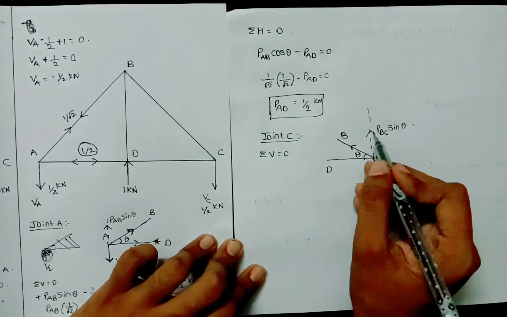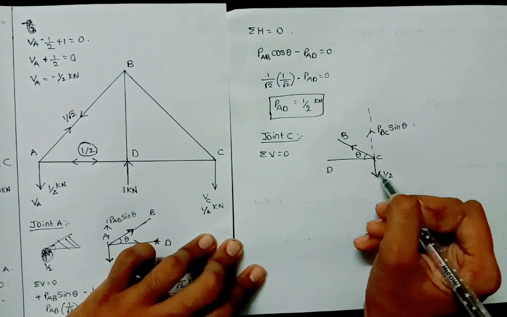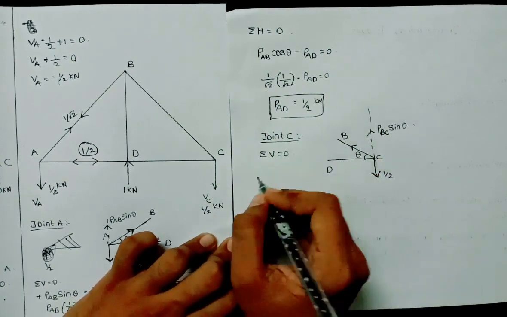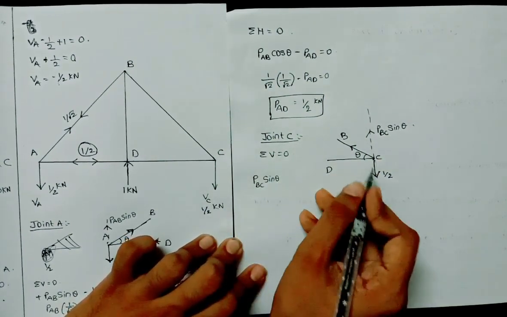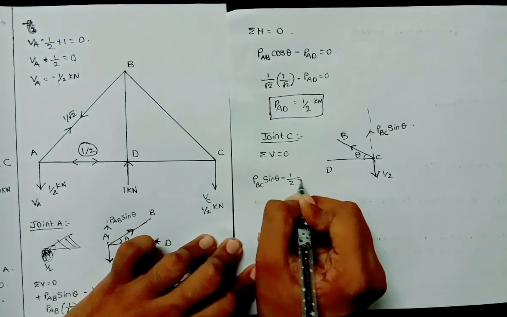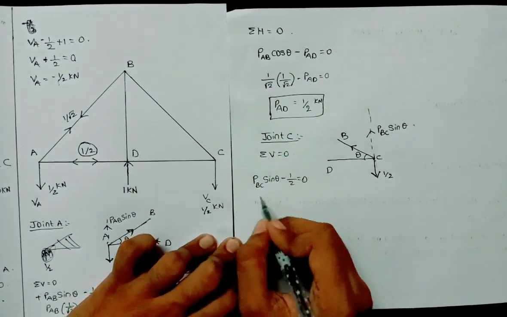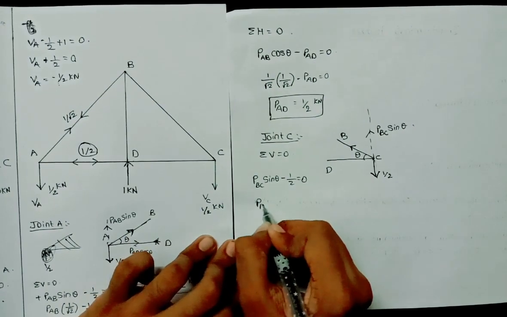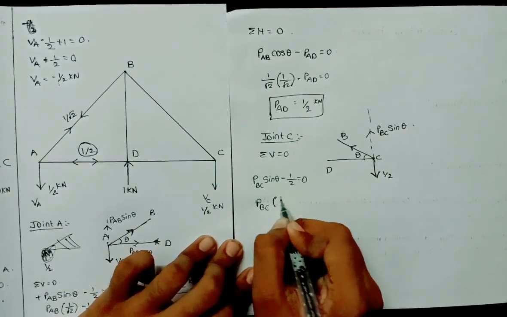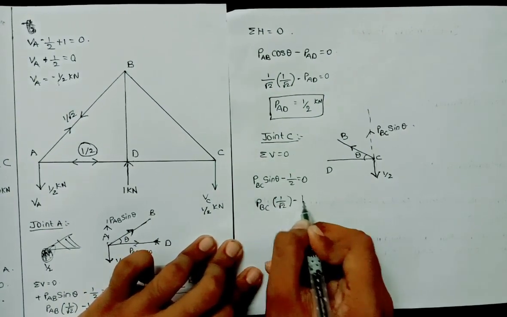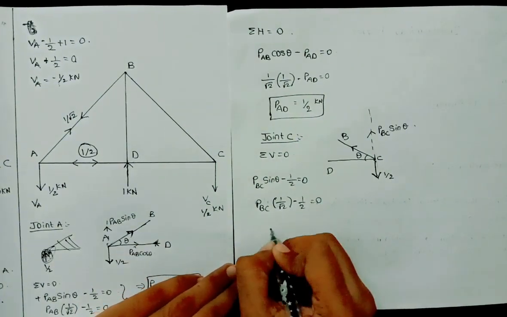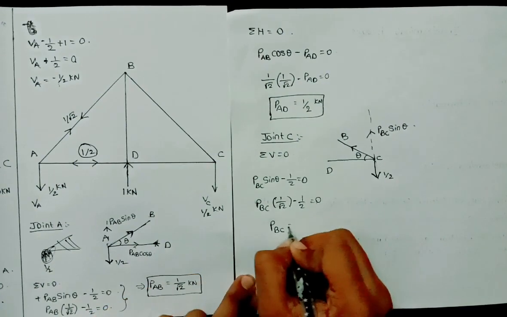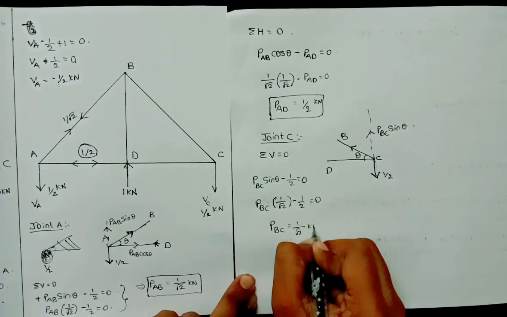So positive PBC sin theta minus half equal to 0. We have to find PBC sin theta. We know that 1 by root 2 minus 1 by 2 equal to 0. On solving this, you will get PBC is equal to 1 by root 2 kilonewton.